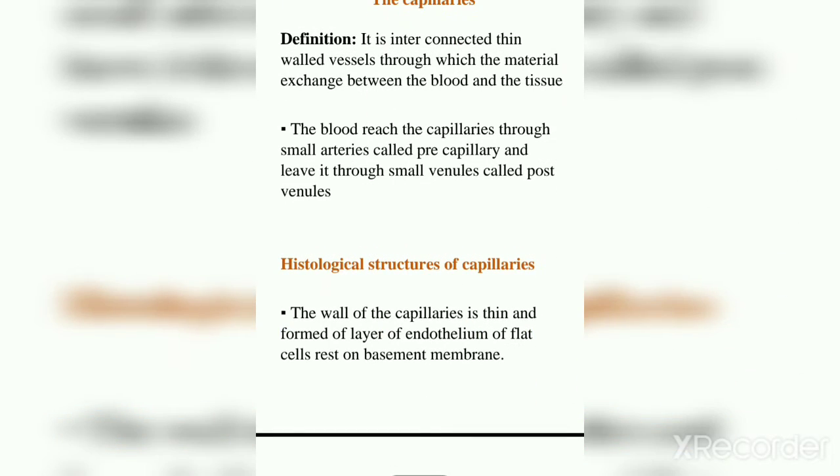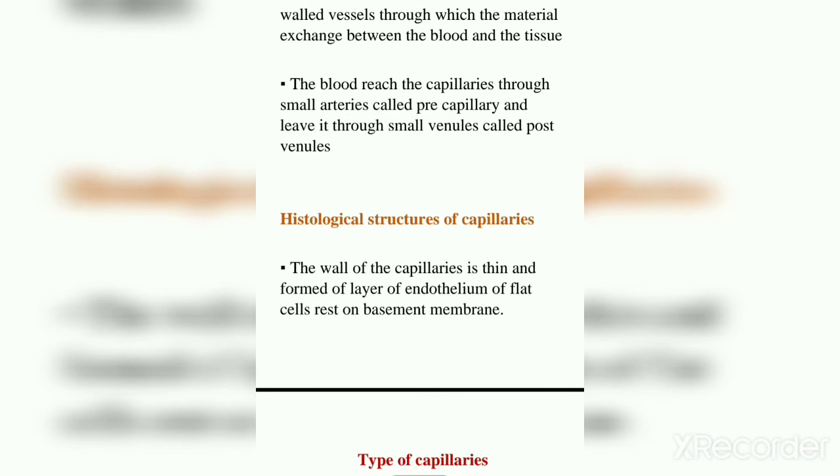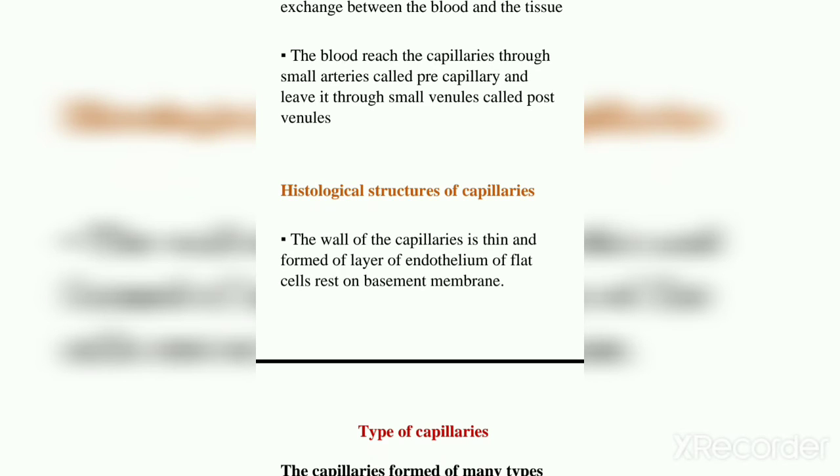The capillaries definition. They are interconnected thin-walled vessels through which the material exchange between the blood and the tissue occurs. The blood reaches the capillaries through small arterioles called precapillaries and leaves them through small venules called postcapillary venules.